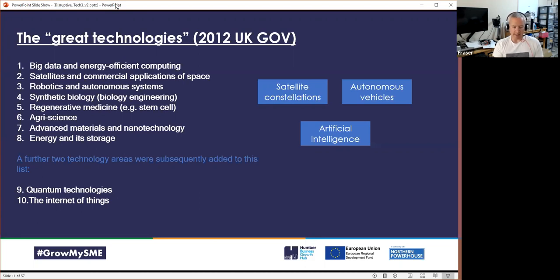The first one, big data, quite obvious to me that if you are a business that deals with data, the data has got value. And I guess people are saying that data is the new oil. So if you are in an industry that's not dealing with data or capturing data, then absolutely do start to do that. The second is satellites and space.